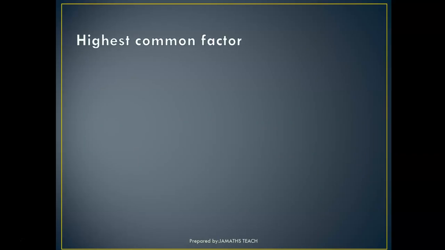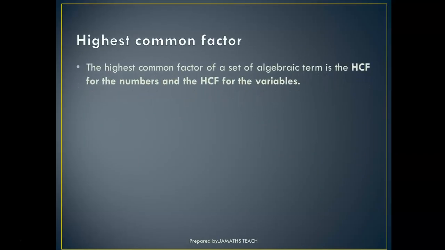Alright, so let's look at another aspect of highest common factor. The highest common factor of a set of algebraic terms is the HCF for the numbers as well as the HCF for the variables.